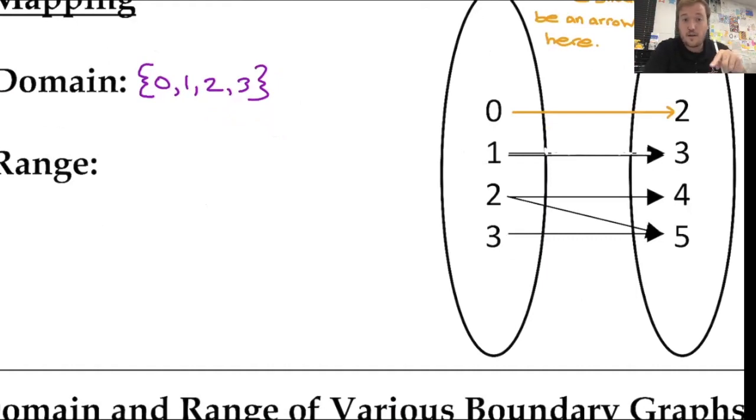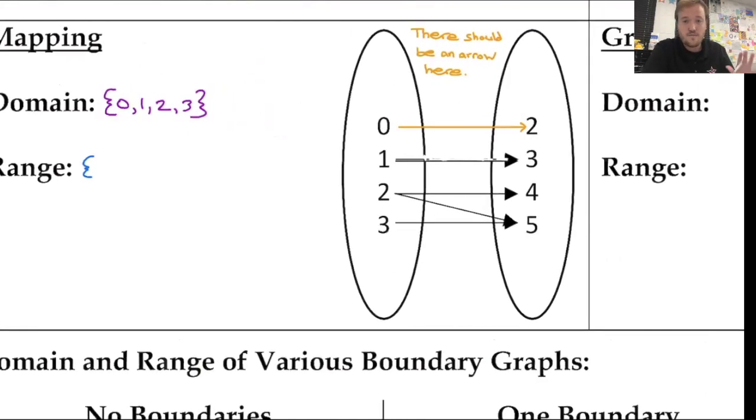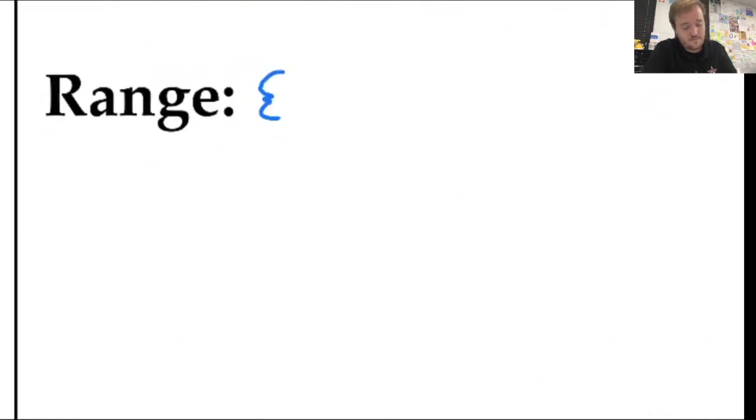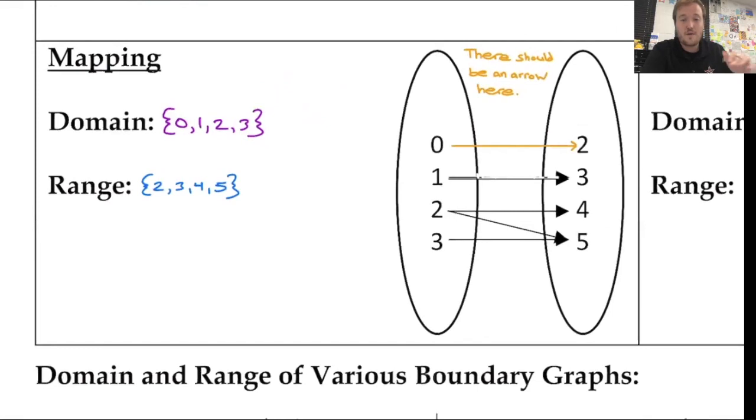Now looking at the range, same exact thing. Open up my terrible left bracket. So 2, 3, 4, 5. Okay. As mentioned before, with mapping, it's the easiest one. You just copy and paste the numbers because they're already in order from least to greatest with no repeating values. It's already done for you.